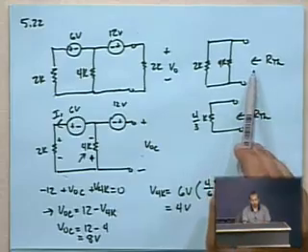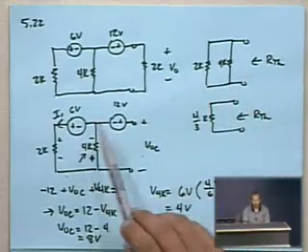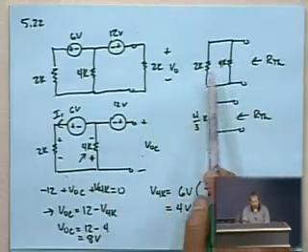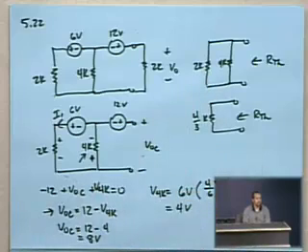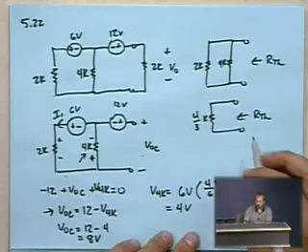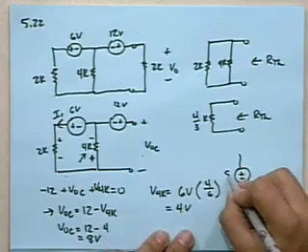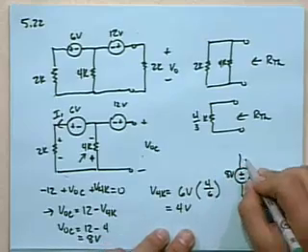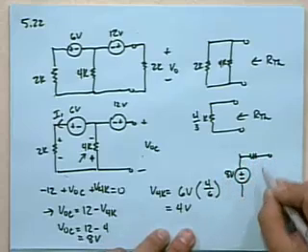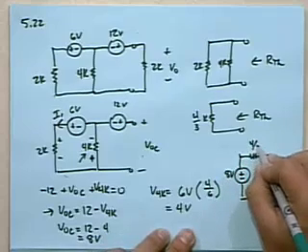The Thevenin resistance is pretty straightforward, because once you short out the two voltage sources, all that's left is this 2K and the 4K together. That parallel combination should be 4/3 of a kilo ohm. So our final Thevenin equivalent would be this 8 volt open circuit voltage and the 4/3 kilo ohm resistor up here.